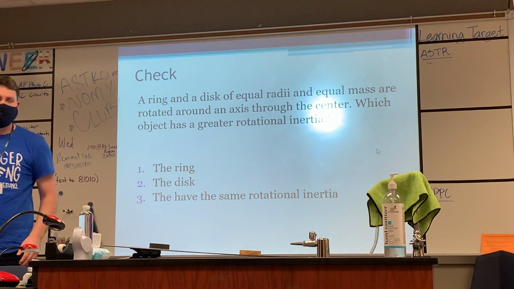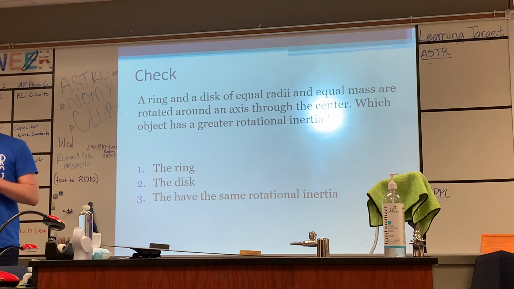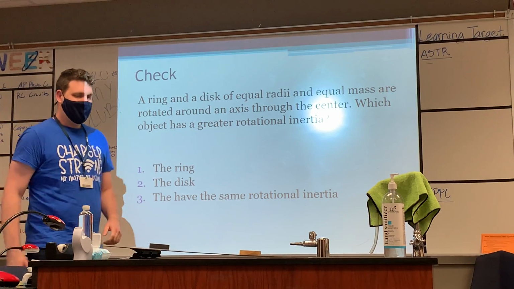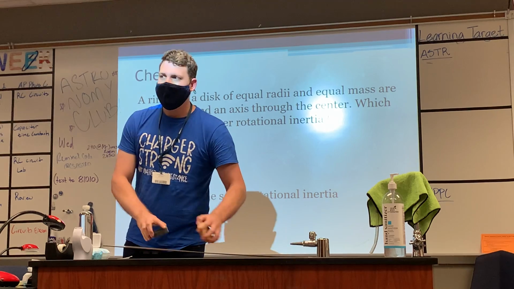So a quick check. A ring and a disc. I wonder where I've seen that before. A ring and a disc of equal radii and equal mass are rotated around an axis through the center. Which object has a greater rotational inertia? The ring, because all the mass is a farther distance.